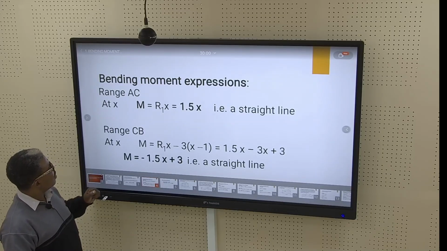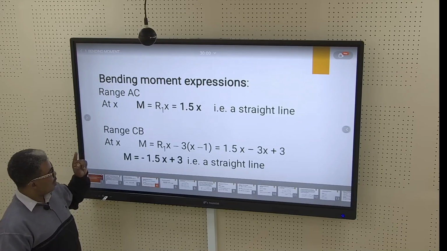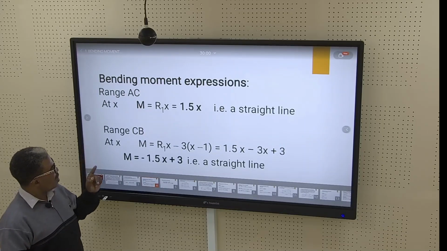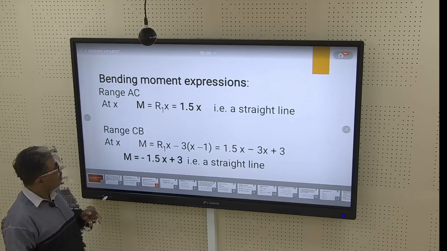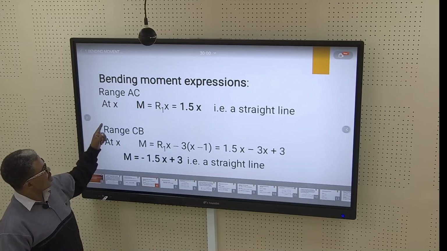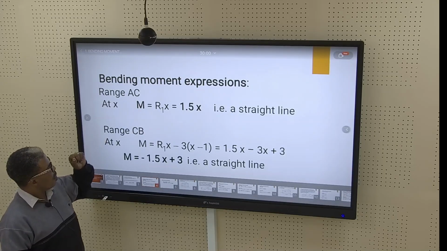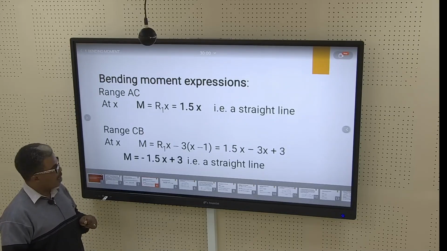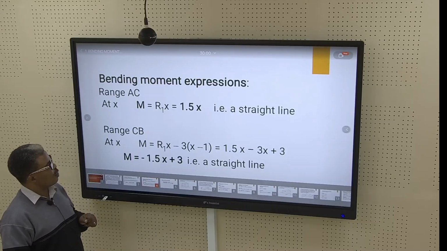There we have the bending moment expression, R1 times X, the distance being X. R1 times X is equal to 1.5 X, where 1.5 is our load and X is the distance from R1 or RA.